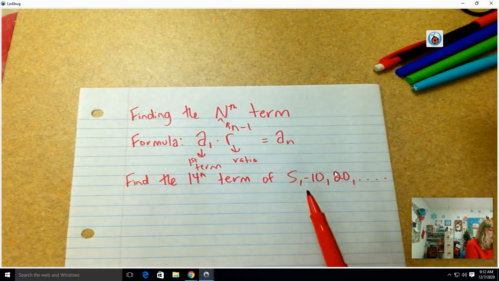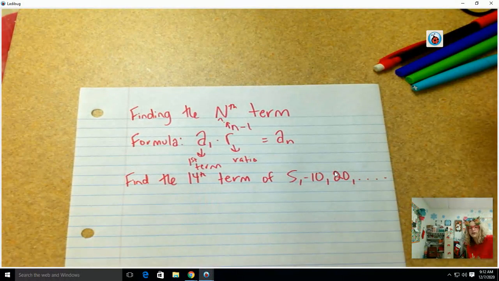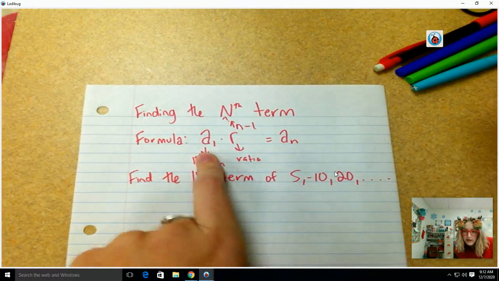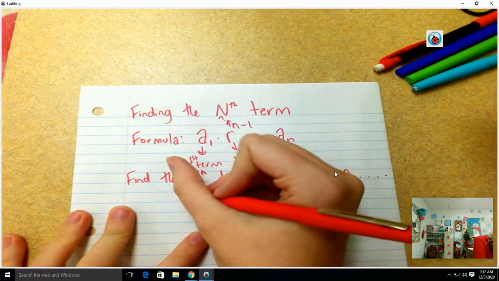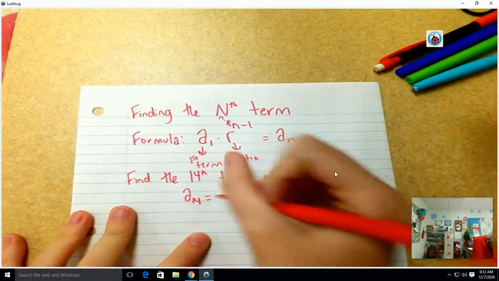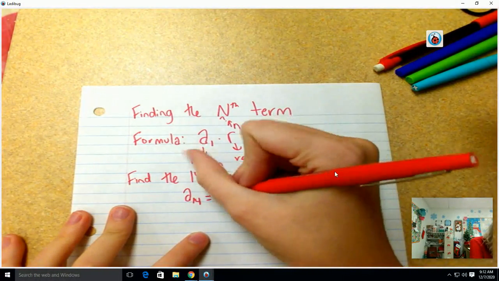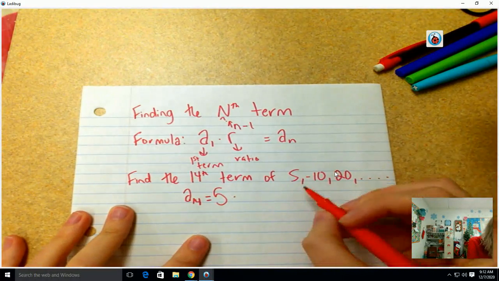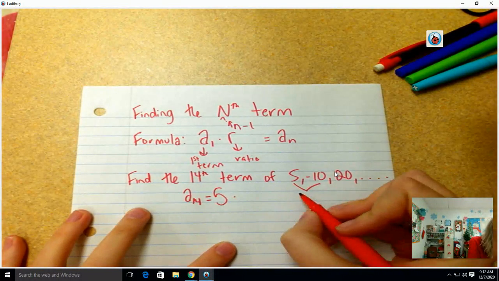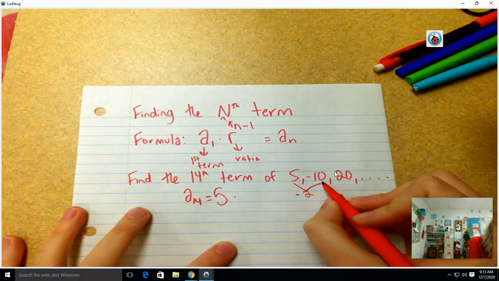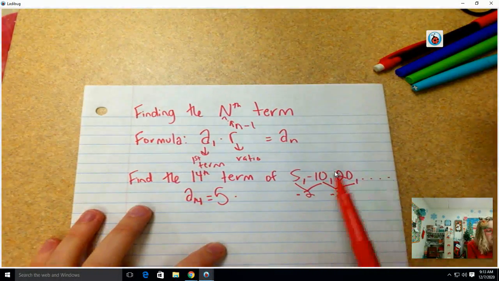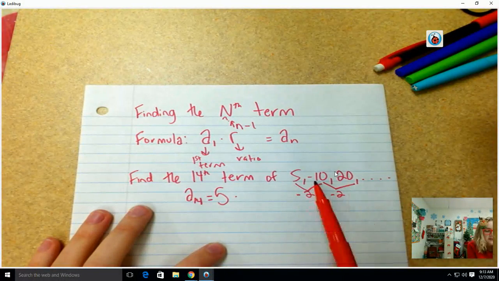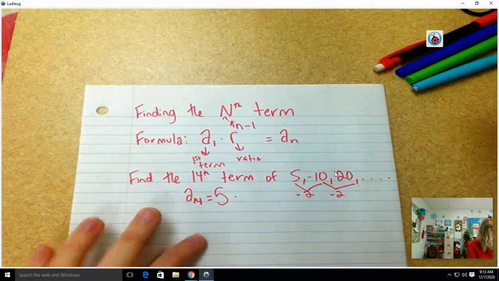We could find our common ratio and then just multiply a whole bunch of times until we get to 14 in the calculator, or we can use this formula and simplify that for ourselves. So the 14th term is going to equal our first term, 5, times my ratio. To get from 5 to negative 10, I'm going to multiply by negative 2. Negative 10 to 20, I'm also multiplying by negative 2. Or negative 10 divided by 5, or 20 divided by negative 10, both give you negative 2.